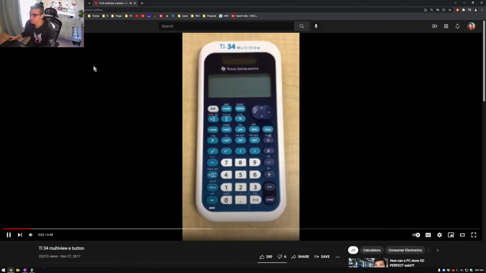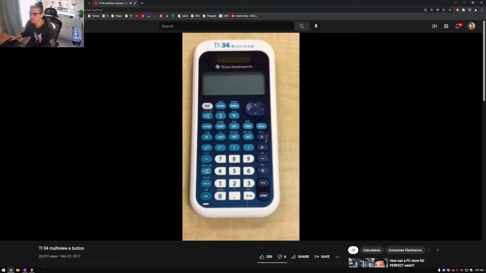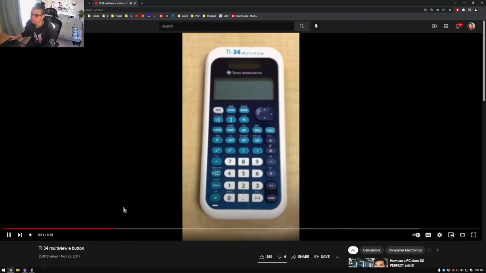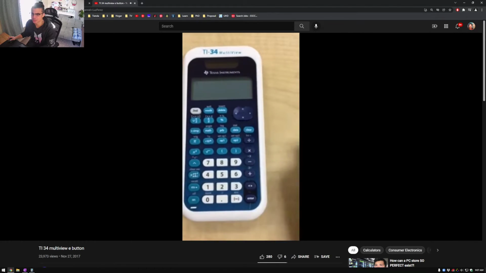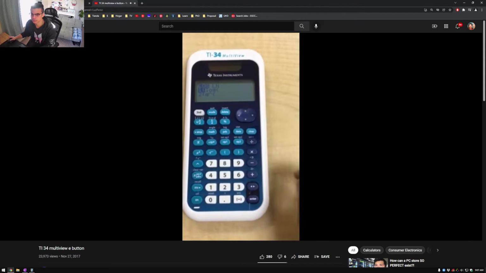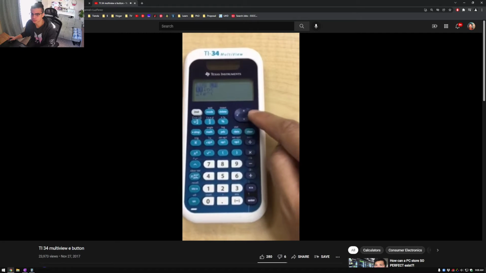Alright, mathletes, this is a quick little video using a TI-34 multi-view calculator. If you're trying to figure out how to use the E button, this is how you do it. You're going to go ahead Can and you hit hear settings the video? and then log. And notice you have a log, you have 10 raised to some power. Let's scroll over and we're going to go to the Allen.